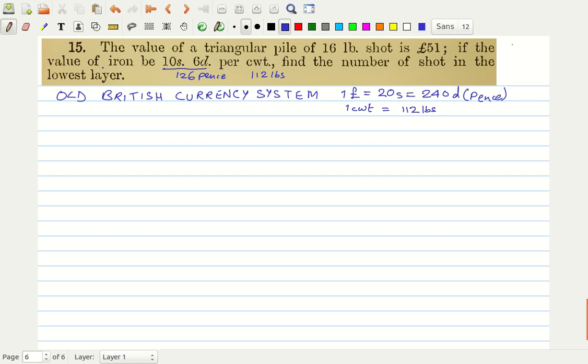So the value of iron is 126 pence for 112 pounds.